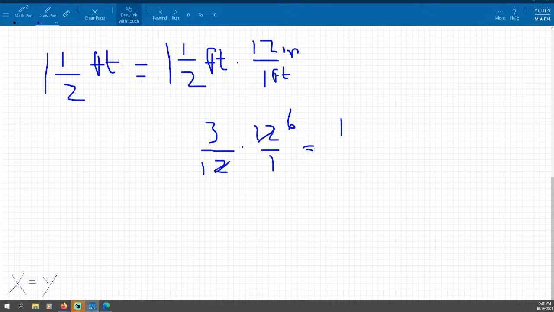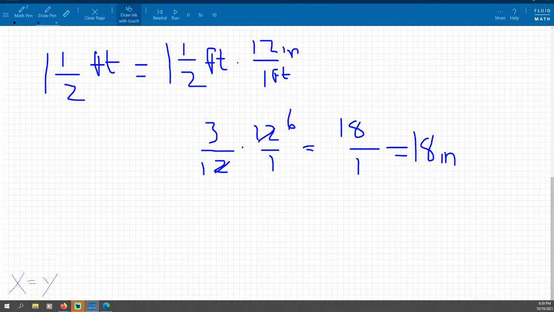So 3 times 6 is 18 over 1, which is the same as 18. And we wanted to know how many inches were in a foot and a half. 18 inches.